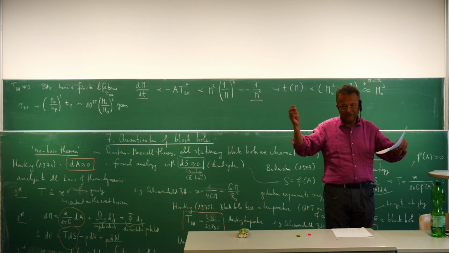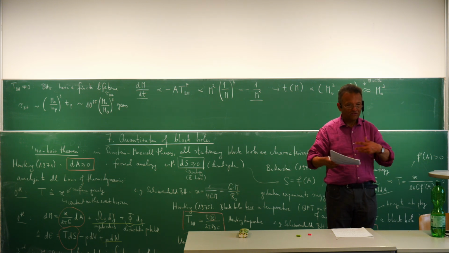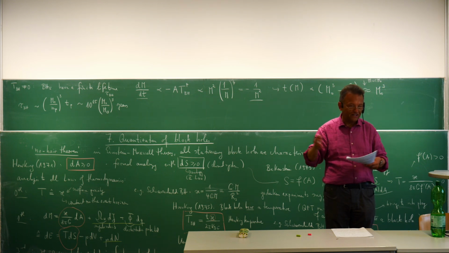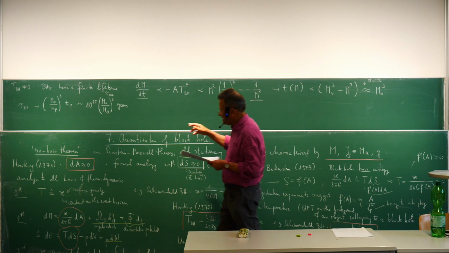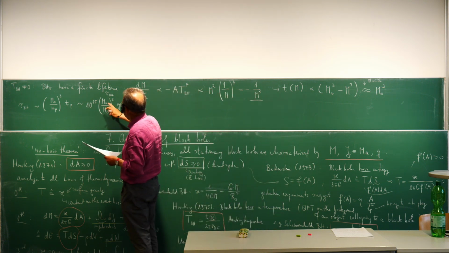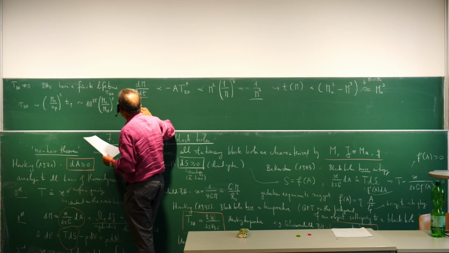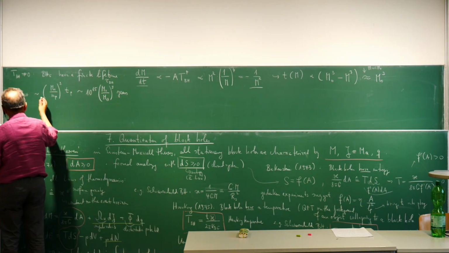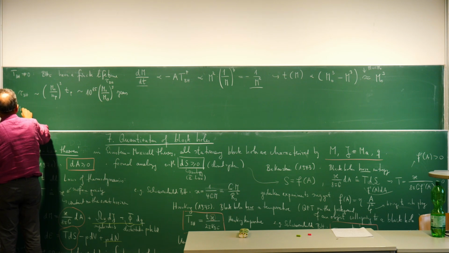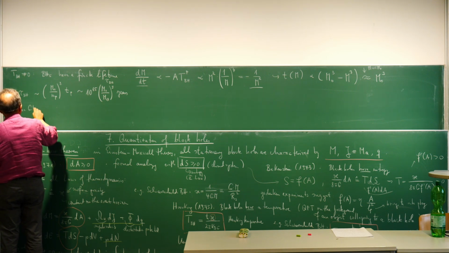And then it would maybe explode or otherwise evaporate in a final fraction of a second. But to reach that, of course, it takes very long, unless you have initial masses that are not so large. Just to say that a more precise calculation can also be done.